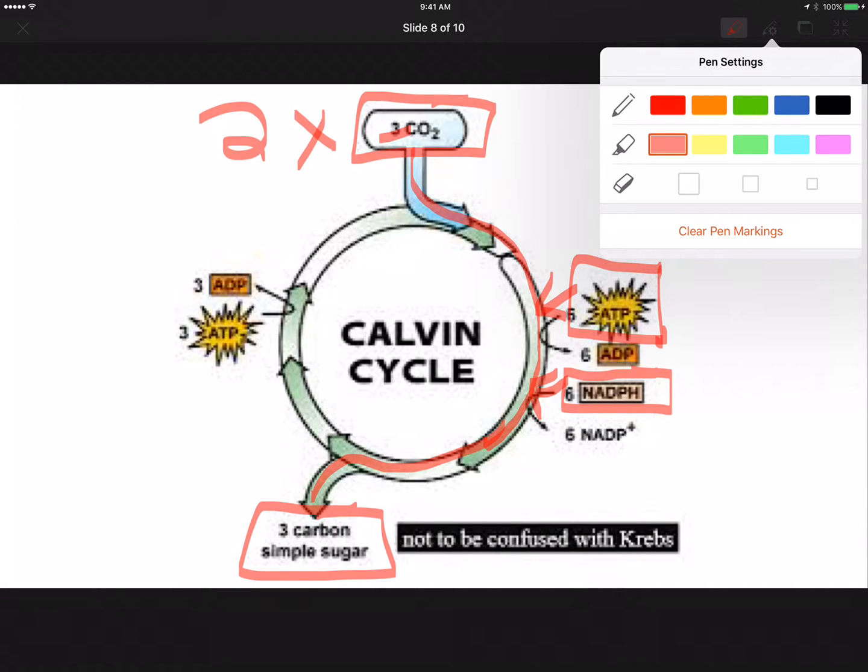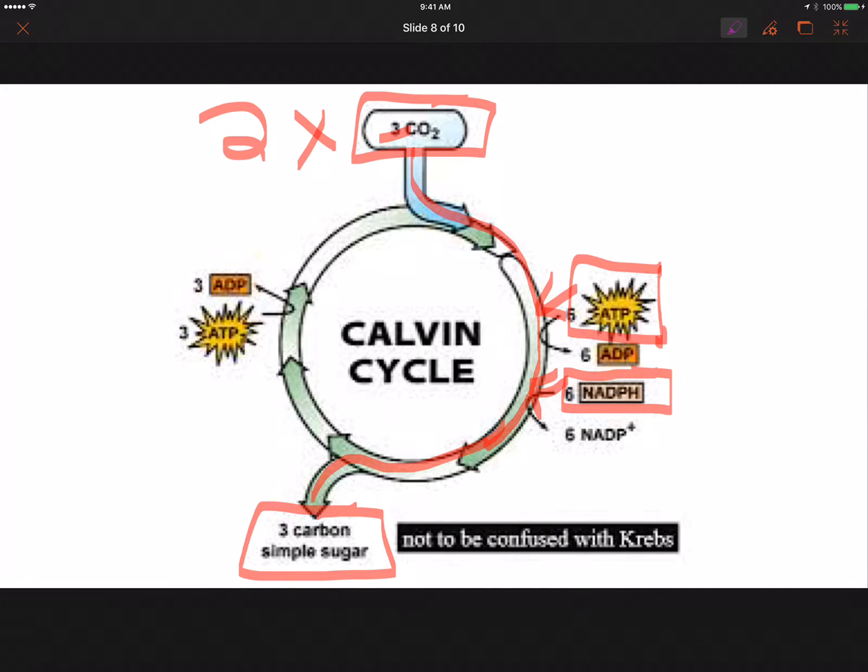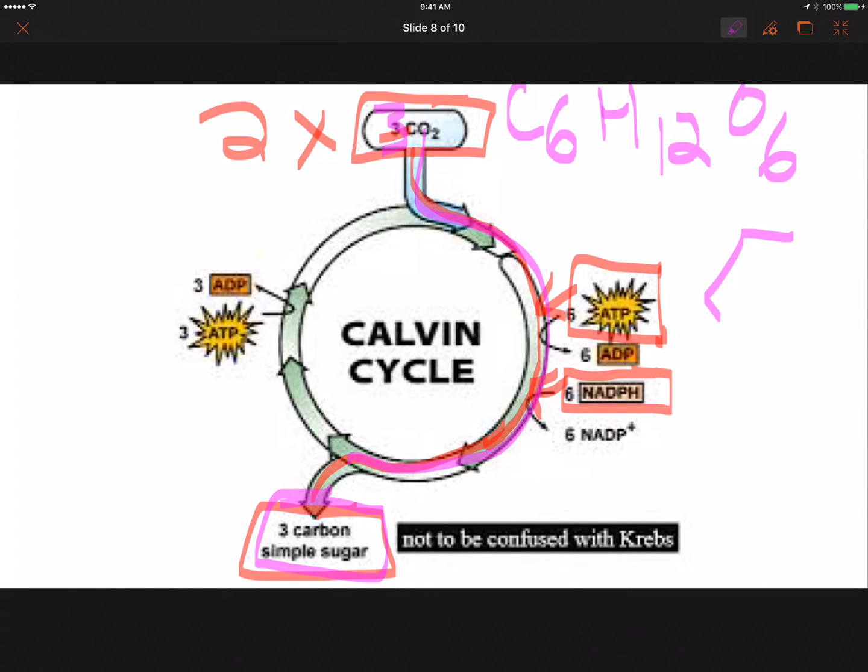So that first round happened. Now we're going to have another 3 come in, and it will produce another 3-carbon simple sugar. That will give us 6 carbons. C6H12O6, which is my glucose. So I have now produced a glucose molecule.